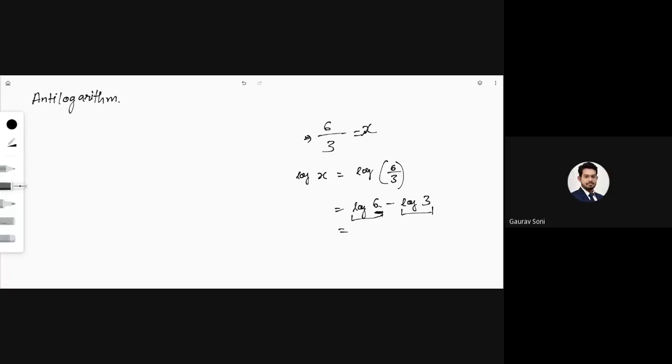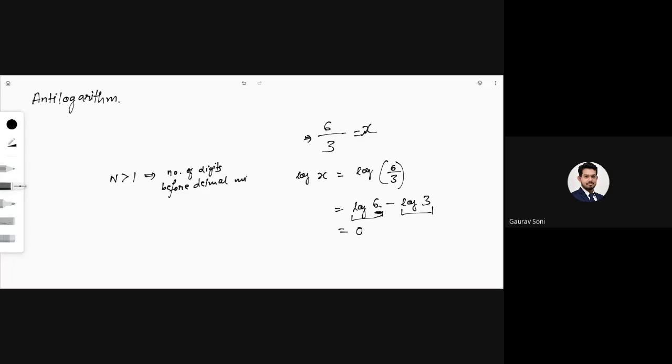If the number is greater than 1, then the number of digits before the decimal minus 1, right?